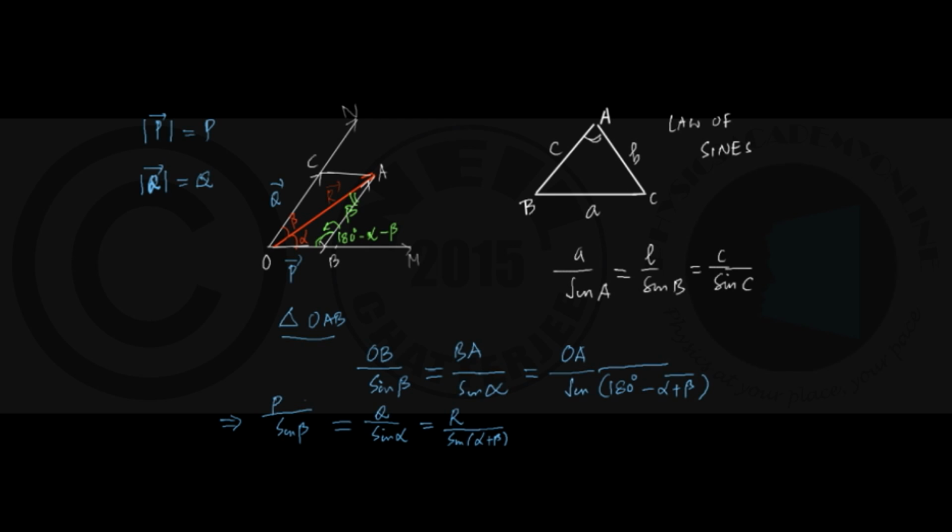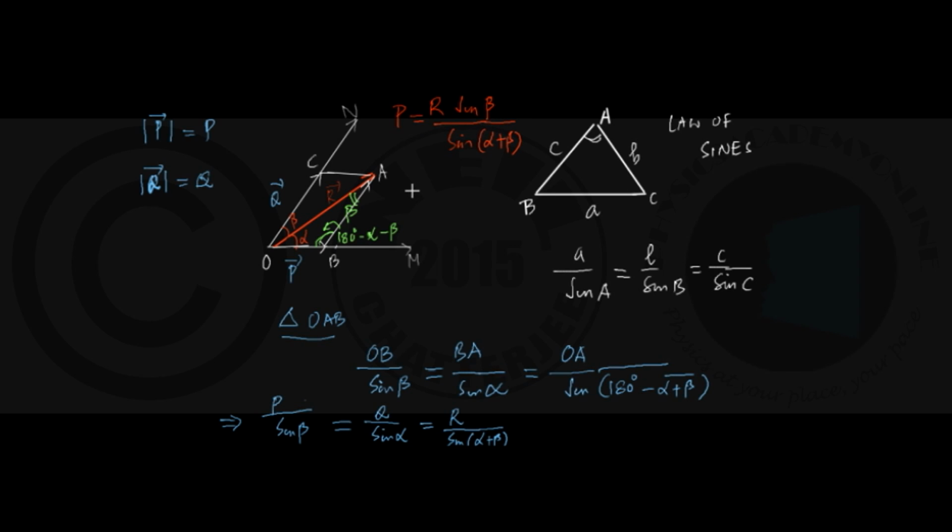So let me highlight that somewhere above, and we are getting the value of P coming out to be R, the magnitude of the original vector R, into sine of the angle beta, that is the angle between R and the other side, that is Q, OC, divided by sine alpha plus beta.